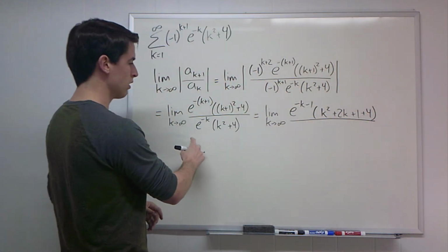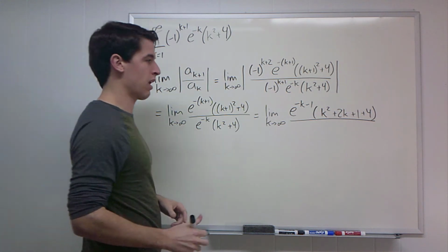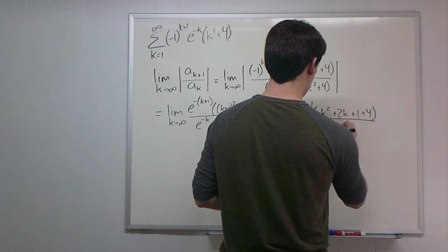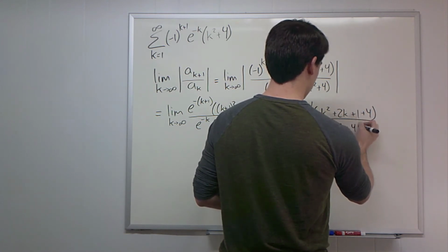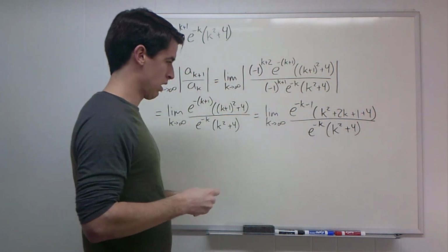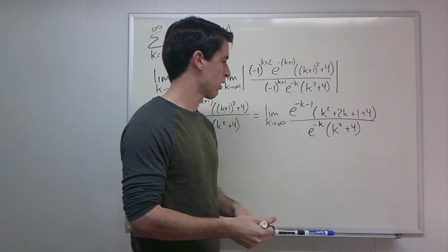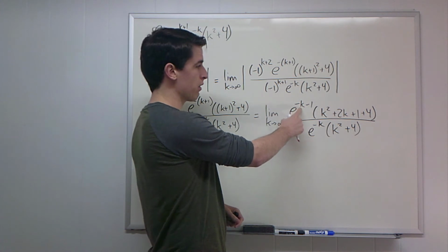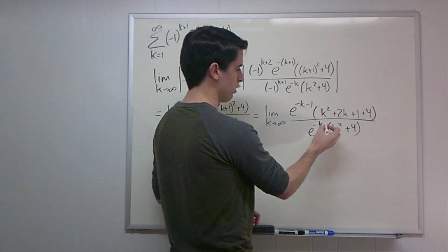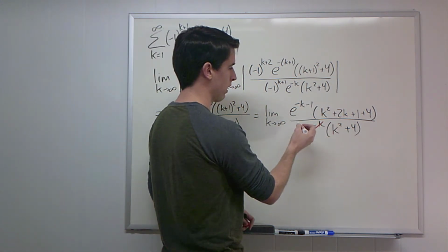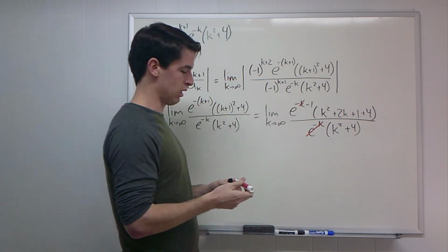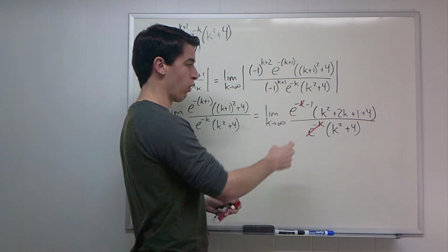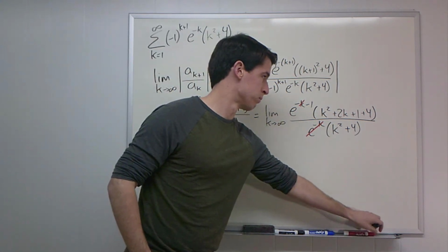And in my denominator, I'll just leave that as it is. So e^(-k) times (k^2 + 4). And now, actually I have e^(-k) and e^(-k-1). So my e^(-k) will cancel out with that e^(-k), and I'll just be left with e^(-1) in my numerator.